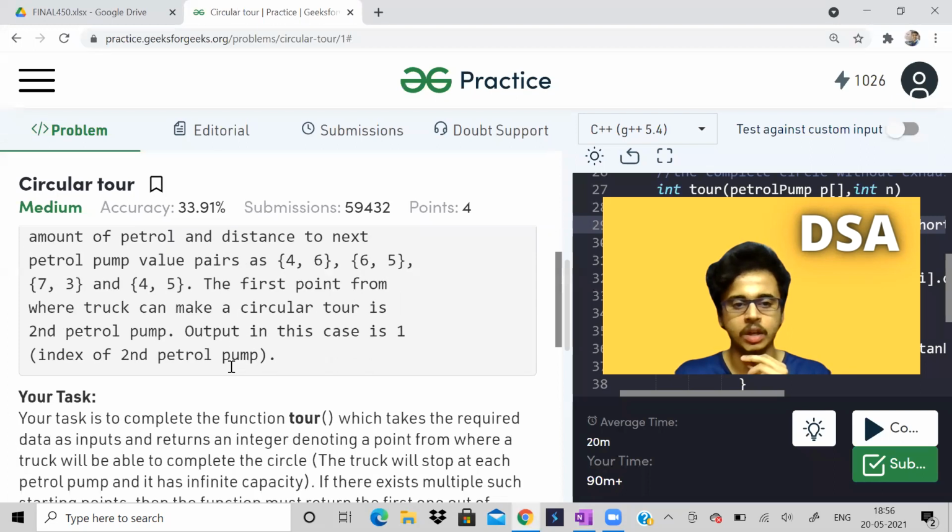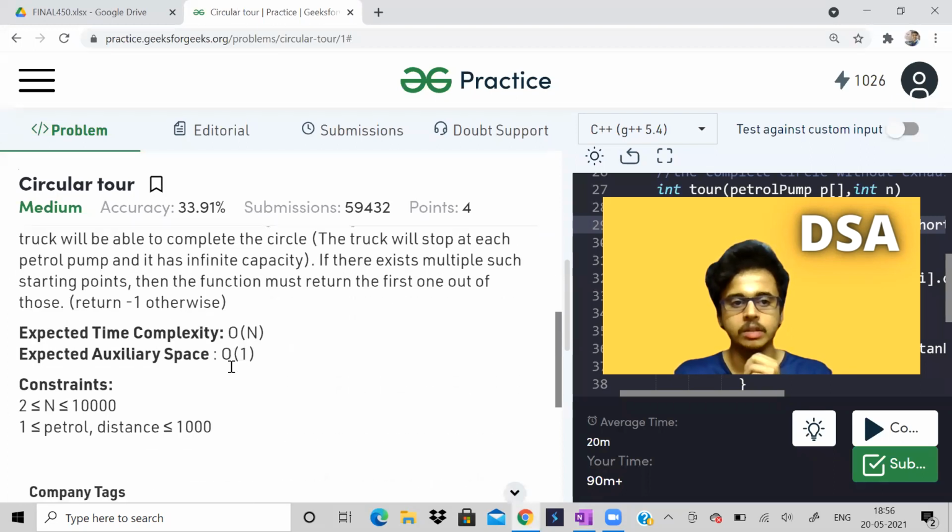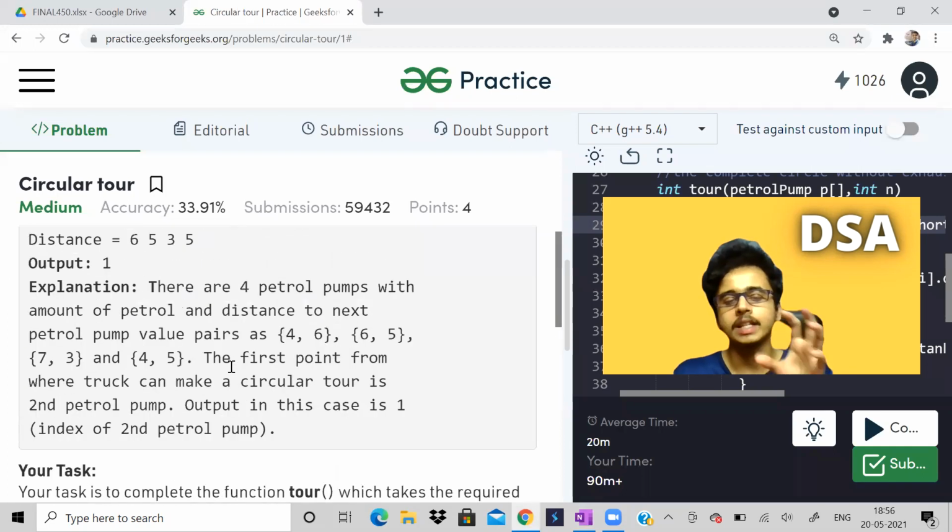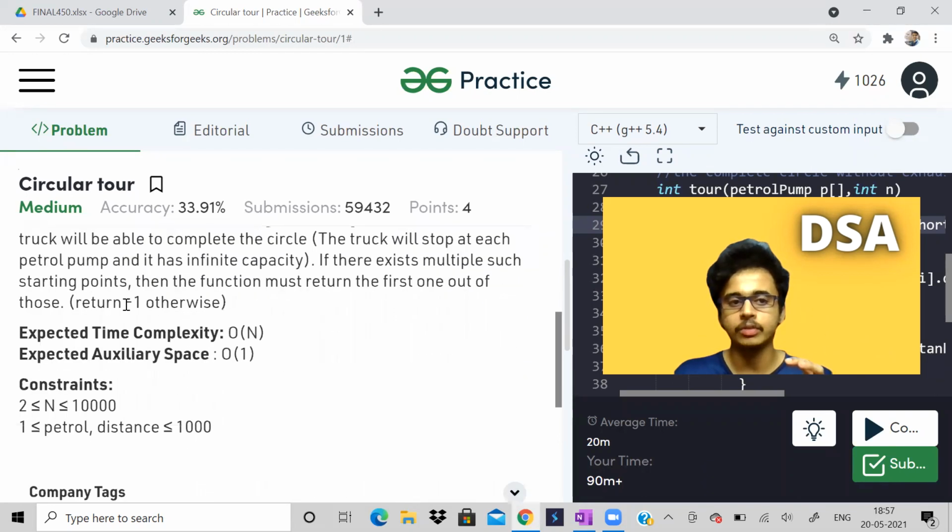I don't know, I solved it like that only maybe. So we have to basically choose a minimum starting point. Minimum means index wise, as early as possible. If we find a starting point from which we can take a full circular tour and go around all the petrol pumps, then that will be the answer. Otherwise, we have to return -1 if there is no such starting point.